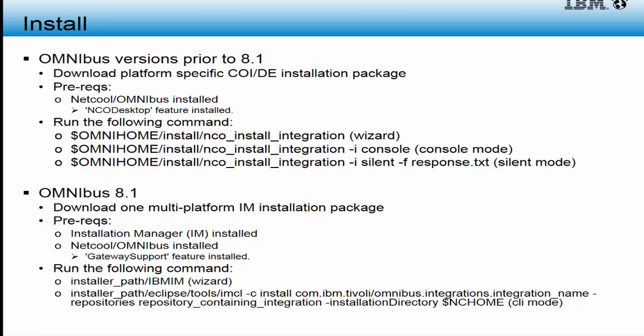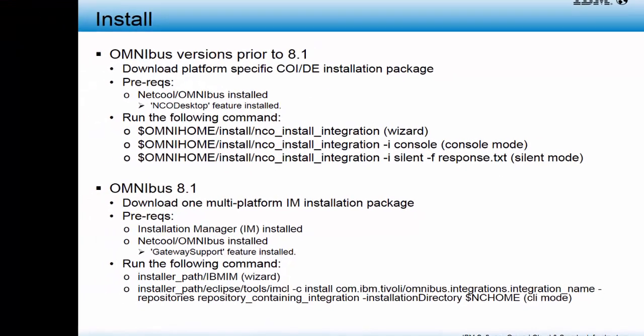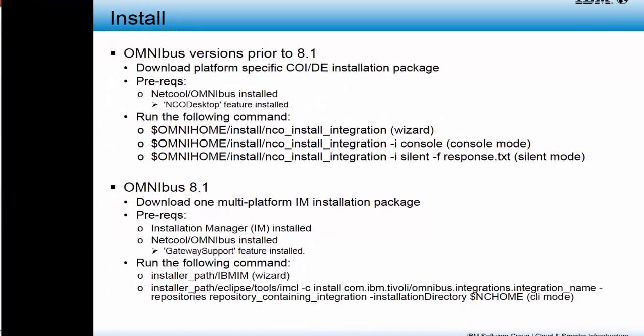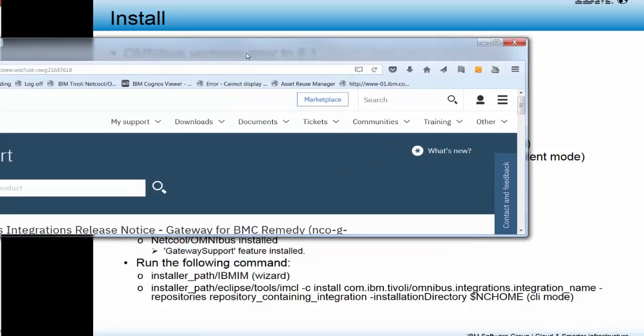Then you can do it via the GUI method or the console method. If you're using Omnibus 8.1, then you need to use Installation Manager. So you just need to download one zip file. It's just one part number for Installation Manager. And then you can do that via the GUI mode or the console mode. Very straightforward. I'll cover that in a separate video.